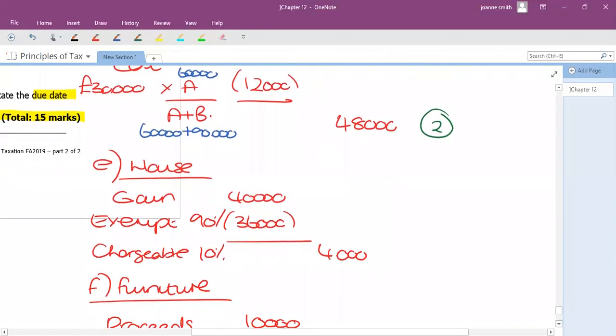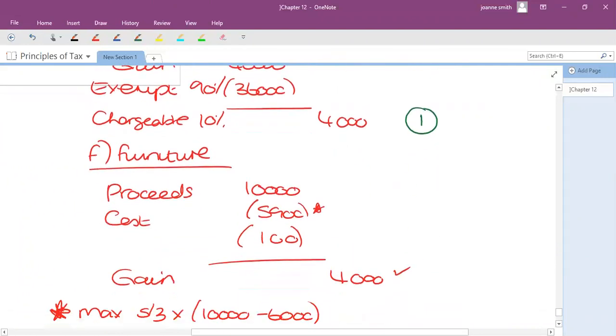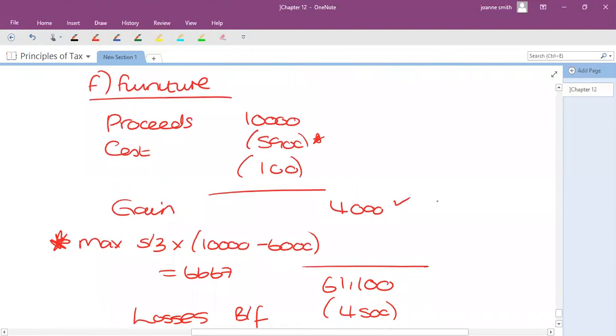For your house, it was 1 mark for knowing that 10% of it was chargeable. And then the biggest marks were on the furniture. So we had half for each of the first bit, working out the actual gain. And then there was 1 mark for knowing about that test. So if you didn't do the test, you would at least still get 1.5 by getting the correct 4,000.